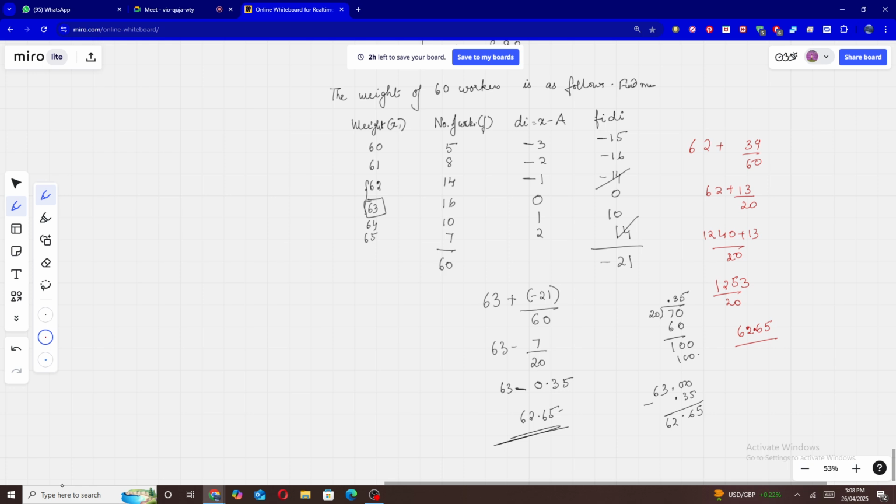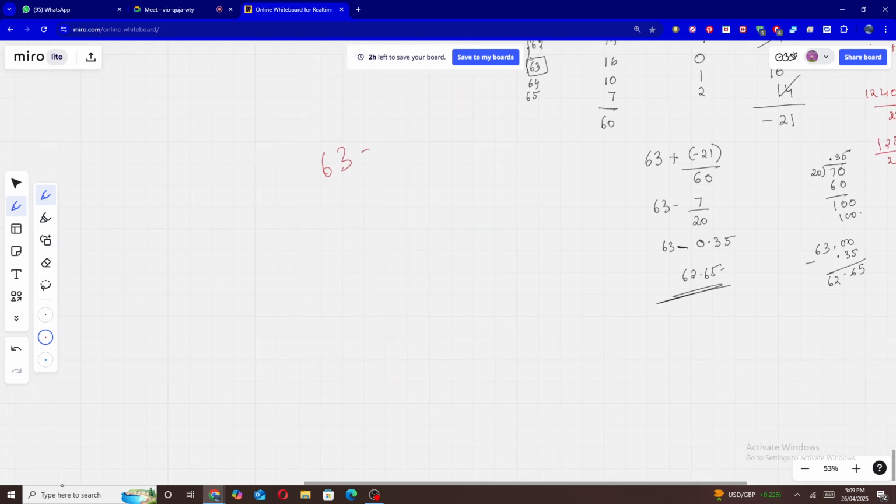3759 by 60. Ma'am, m equals 3759. Which one did you do? 63 minus 21 by 60. 21 can be simplified. We did simplify, 7 by 20. So 20 is the LCM if you are taking.